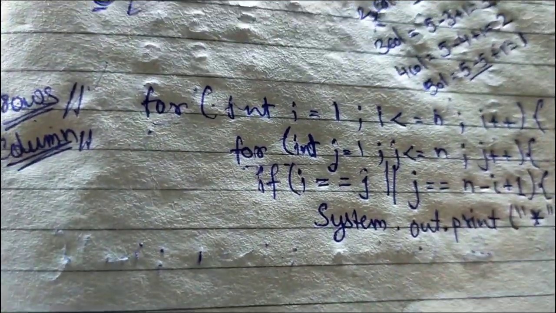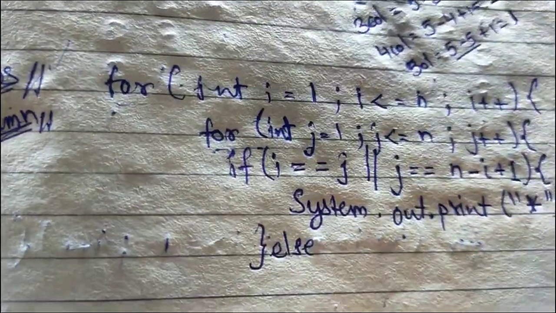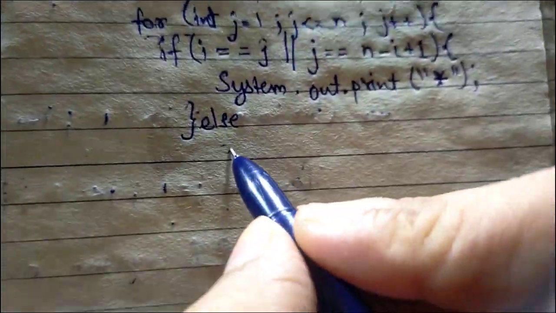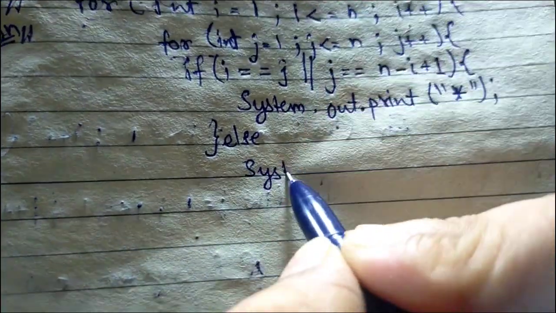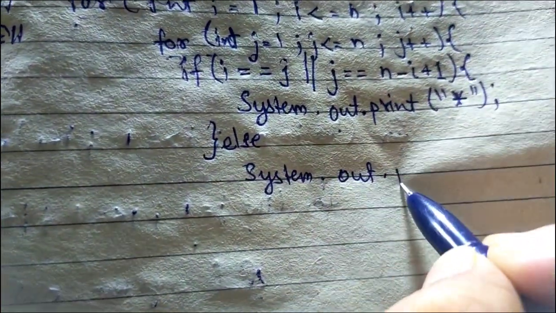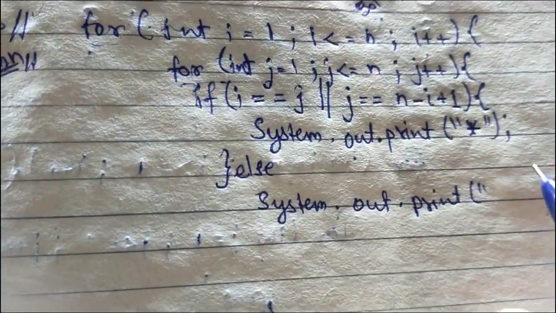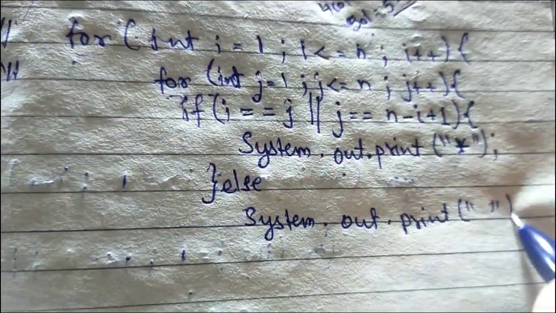Okay, after that, else, what can we print? System.out.print. What do we print? If it is not, then we print only spaces.